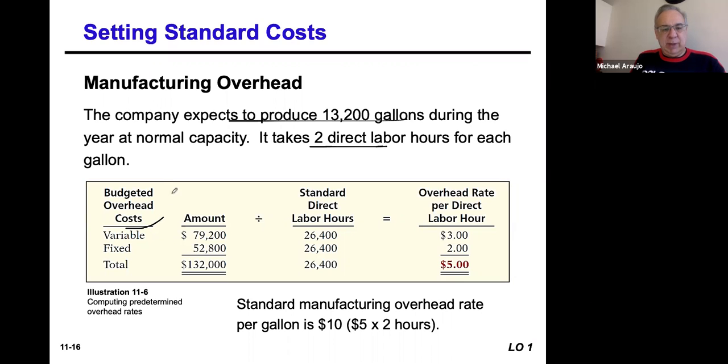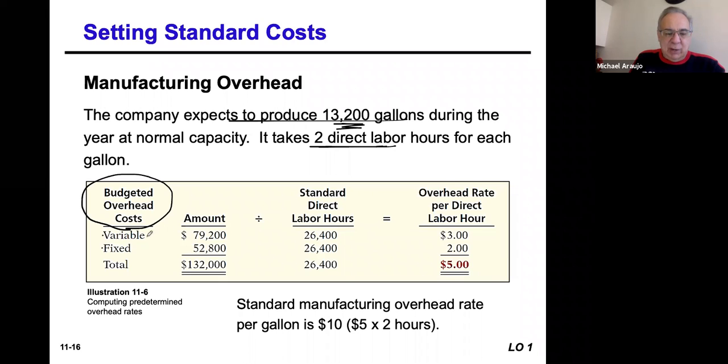So here are the budgeted overhead costs. Variable is listed first, fixed costs are listed second. Their standard direct labor hours would be 2 times 13,200, which is the 26,400 that's listed here.